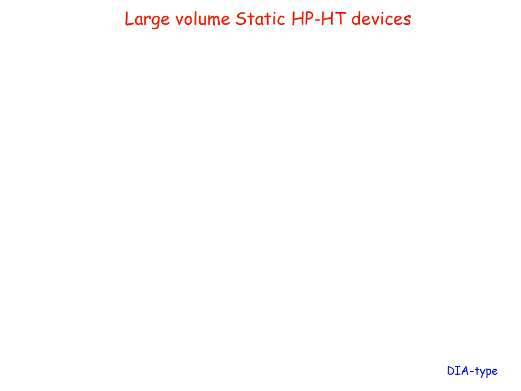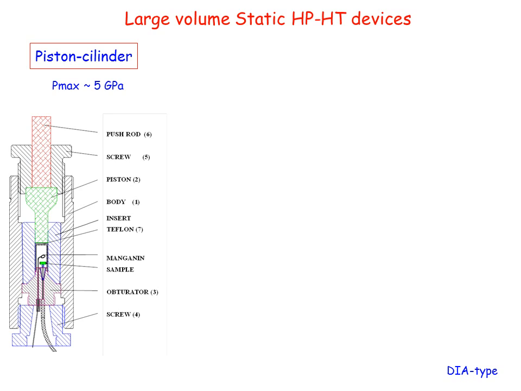So let's see different types of large volume, static, high pressure, high temperature devices. One of the most used devices is the piston cylinder one. The maximum pressure that can be reached is about 5 gigapascal, and the principle is very simple. There is a piston here that is pushed by this rod and inserted in a press, and you have then the body of the cell, which is the cylinder cell.